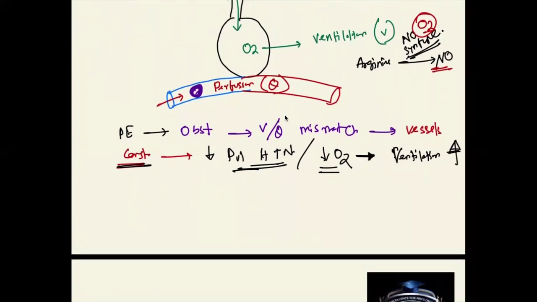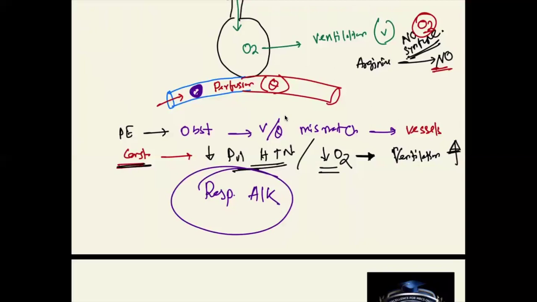Is it respiratory acidosis or alkalosis? Alkalosis. Respiratory alkalosis. If the patient is having more and more breathing, and you guys don't understand how respiratory alkalosis occurs here, just let me know, I can discuss with you. But if the patient is taking more and more breaths, hyperventilation occurs here, and the patient will have respiratory alkalosis.